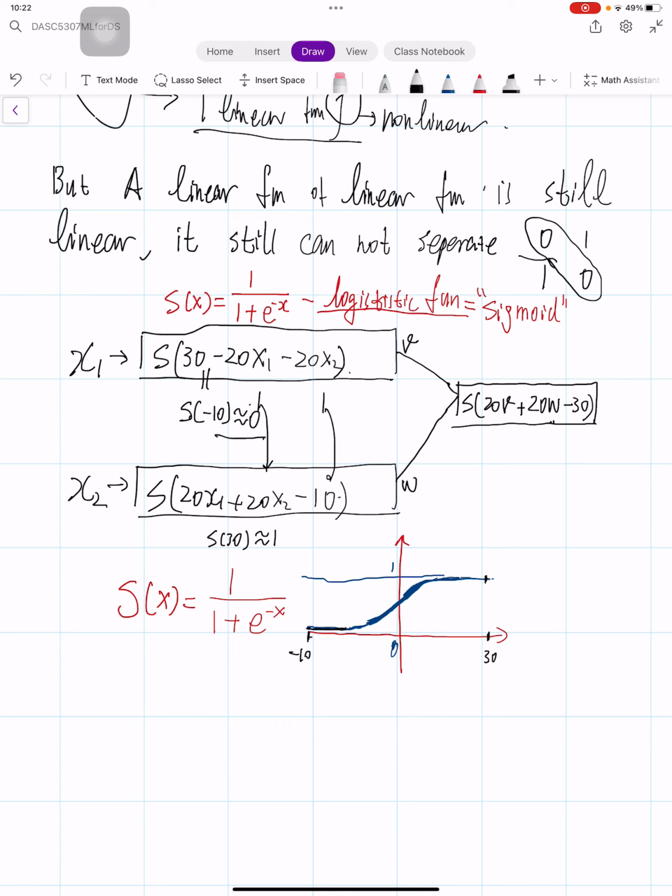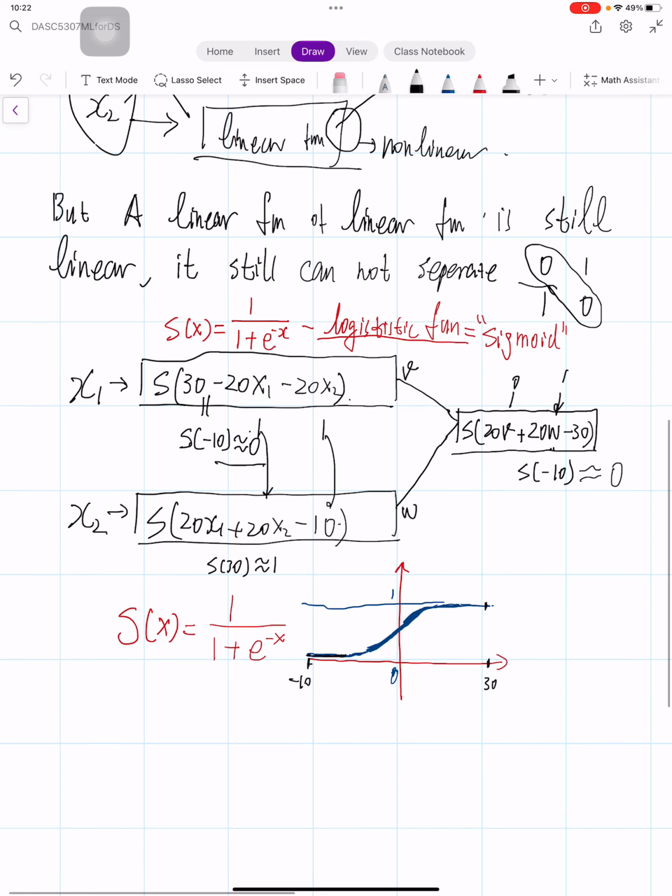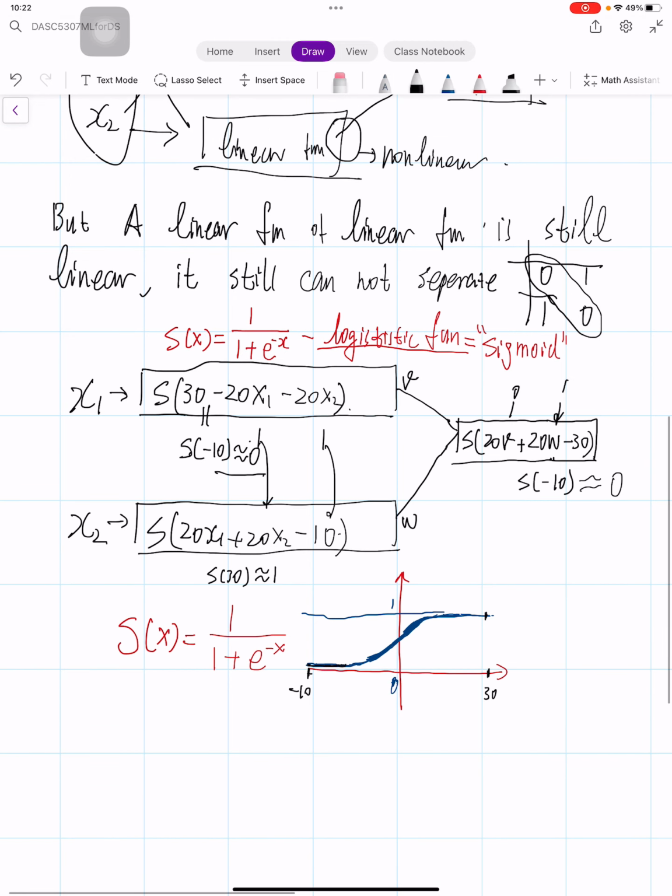So if V is 0 and W is 1, we get S of negative 10, which is close to 0. That did the right job: in the XOR function, if both x1 and x2 equal 1, we should predict 0.